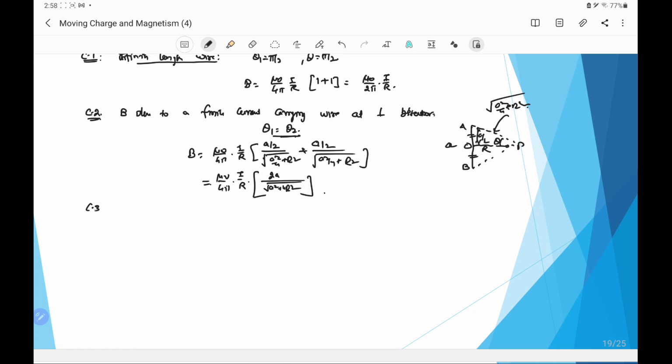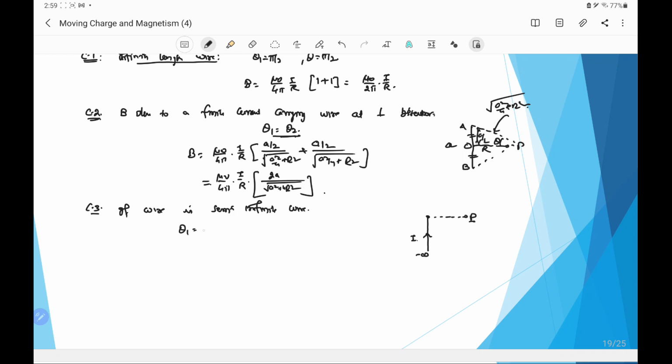Case 3 is, if the wire is a semi-infinite current carrying wire. That means the situation is like this. This is a wire to minus infinity, and from this point there is a point P at which we have to find the magnetic field, and the wire is carrying the current I. In this case, the net magnetic field will be half of the total infinite wire magnetic field, or directly we can calculate by substituting the values here.